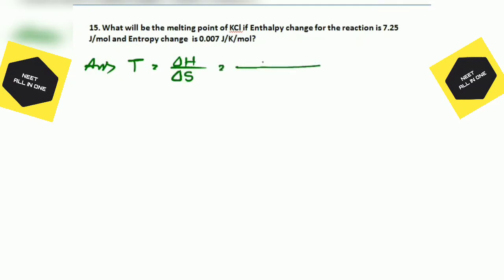So just put the values here: 7.25 joule per mole is given here, and here 0.007, right? If we calculate it, the value comes to 1035.7 Kelvin, right? So here question number 15 is also done.